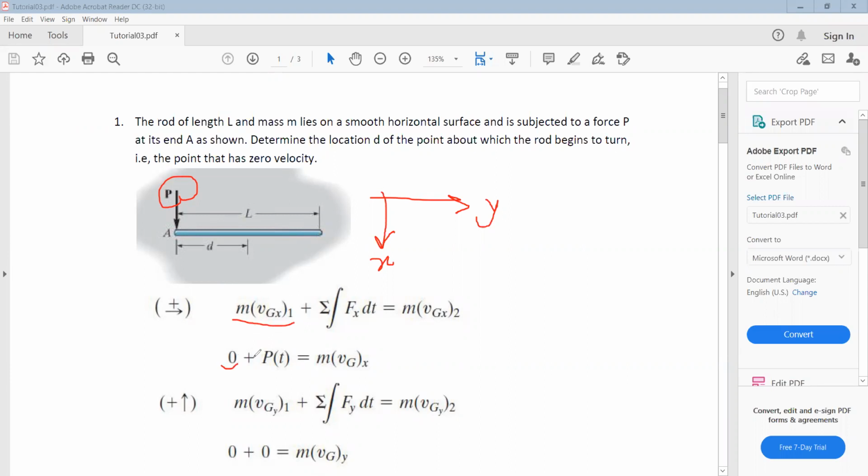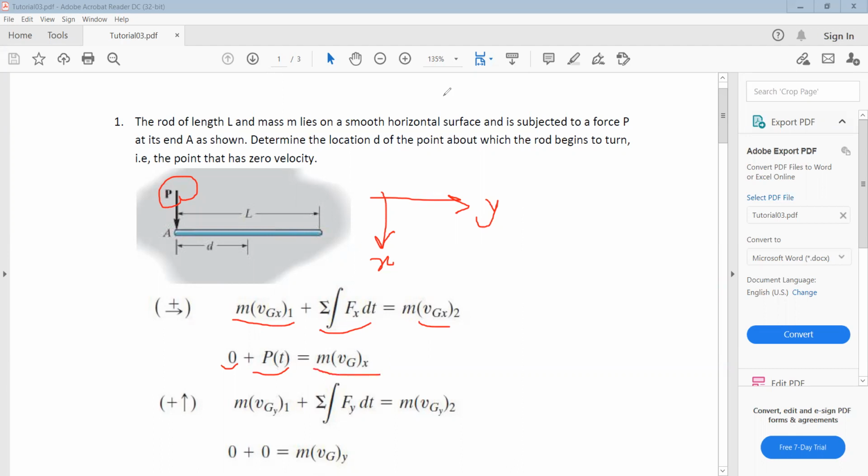Plus the impulse: there is a force in the X direction, which is P times T. So P times T is equal to the final momentum, which is M times VGX2, where VGX is the velocity of the mass center in the X direction in the final position. So we call it MVGX.